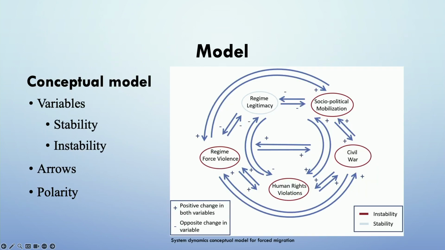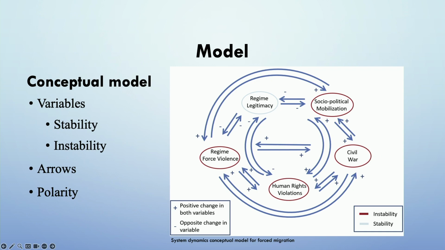With a system dynamics model, you have a causal loop diagram. So you can think of how those relationships are working with one another. So within the conceptual model here, I have stability factors and instability factors. So you have positive and negative influences that are just shown here with the causal loop diagram. The arrows, how they're related to one another, and the polarity, whether it's a positive or a negative in the change of that variable.